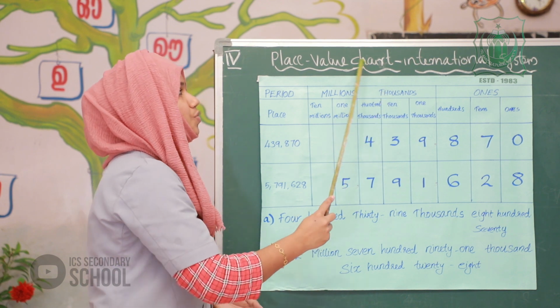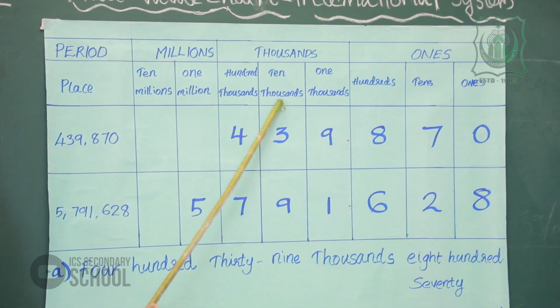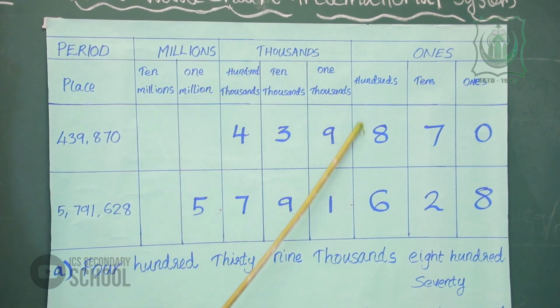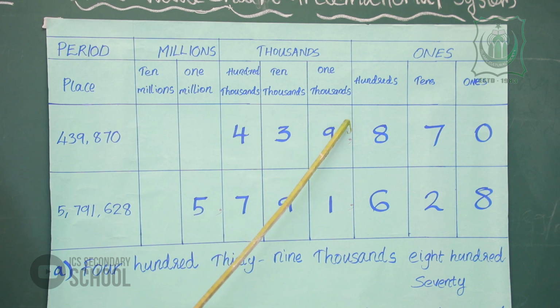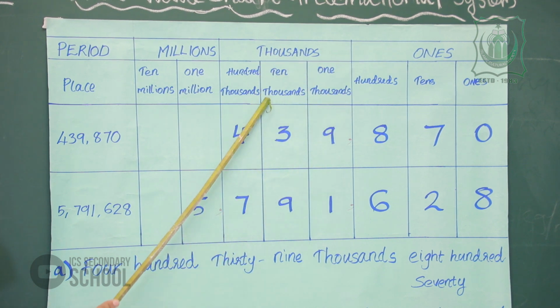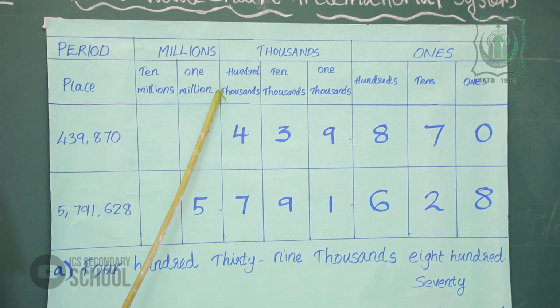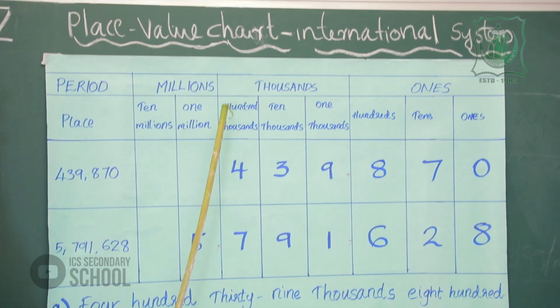But in the international system, it consists of 3 columns. The 1000 period is divided into 3 sub columns: 1000, 10,000 and 100,000. In the Indian system there is no 100,000, but the international system place value chart consists of 100,000.